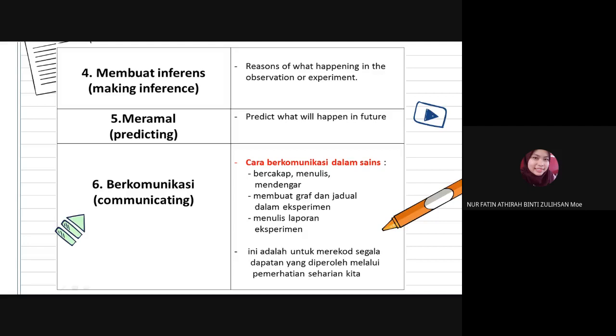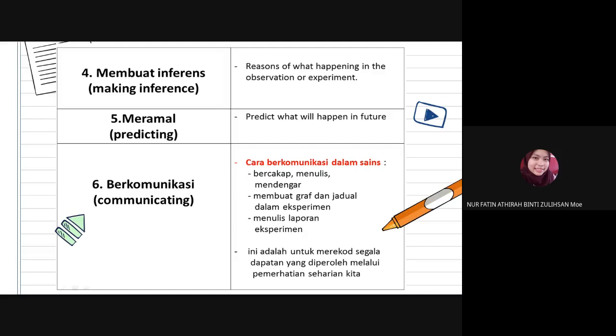Number four, making inference: just remember the word "because", and you will know that you're using inference. Number five, predicting: you predict what will happen in the future. And the last one, communicating: like I said just now, speaking, writing, listening, or drawing graphs or tables in an experiment. So easy. Those are the six basic skills that you have to know in science.